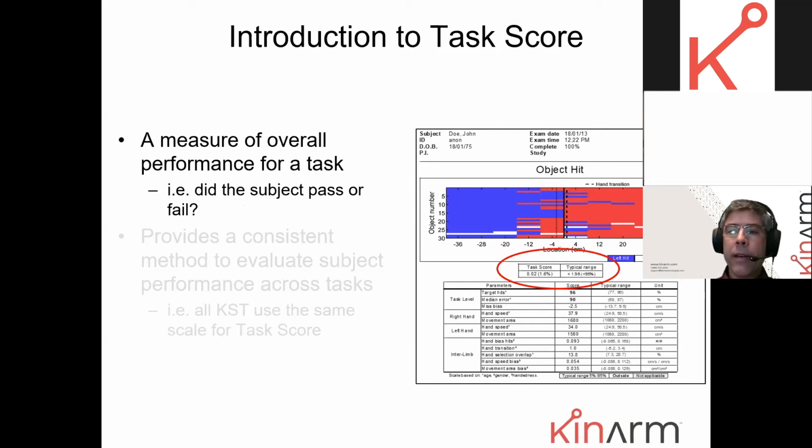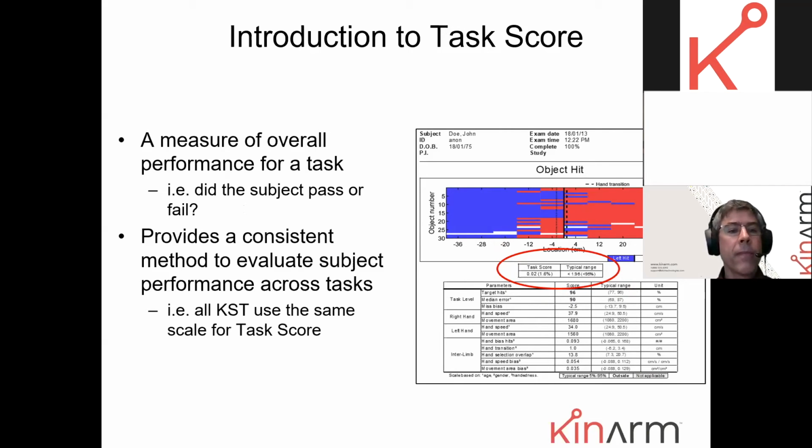And it, again, provides increased interpretability of the report. And something that's important, which I'll get to in just a moment, is it's a consistent scoring across the different tasks. In other words, they use the same scale so that a task score of 1 on one task means the same thing as a task score of 1 on another task.